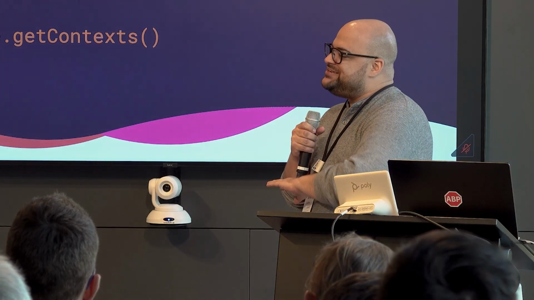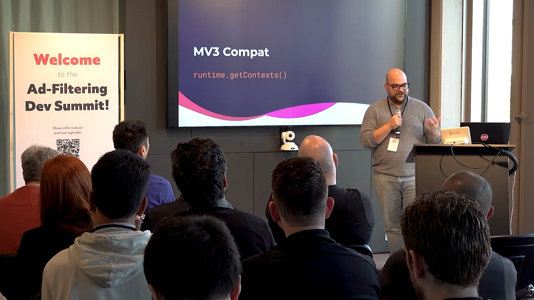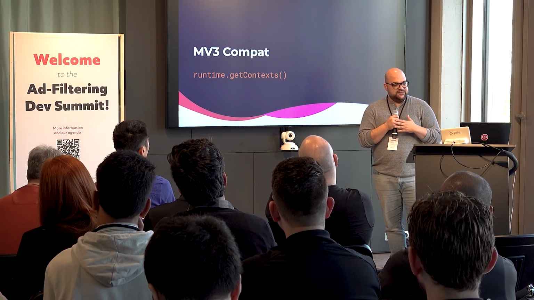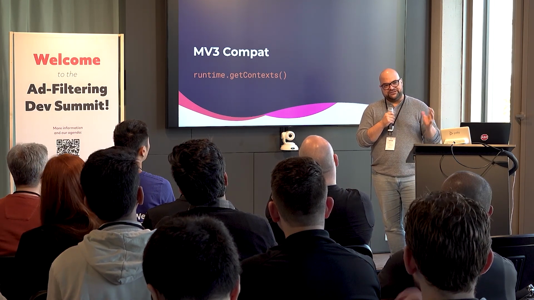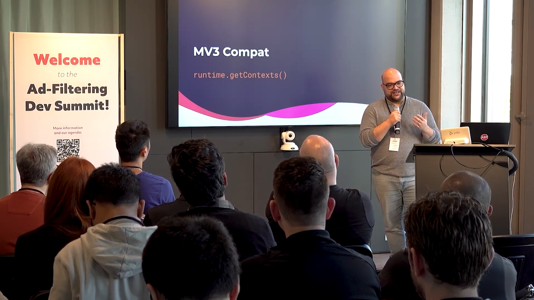This one I'm going to go in significantly less detail on, but another feature that we've collaborated on across browsers is the ability to target your different execution environments. So in particular, UI surfaces that an extension might have.